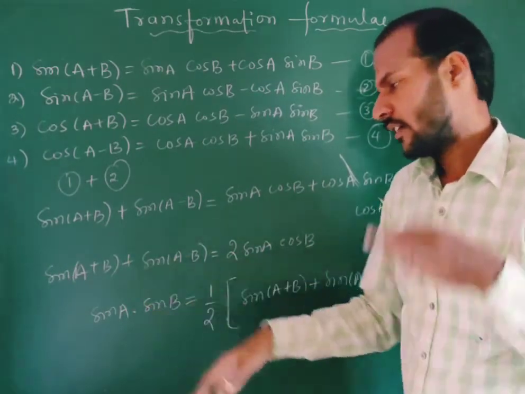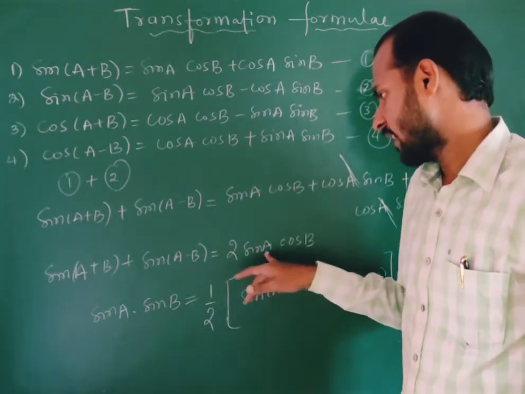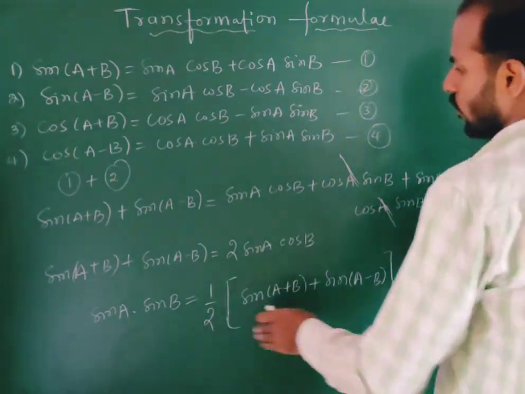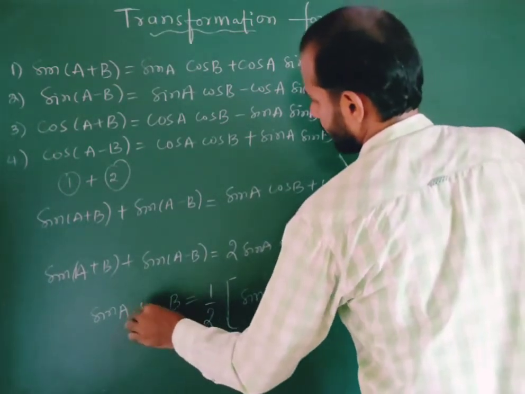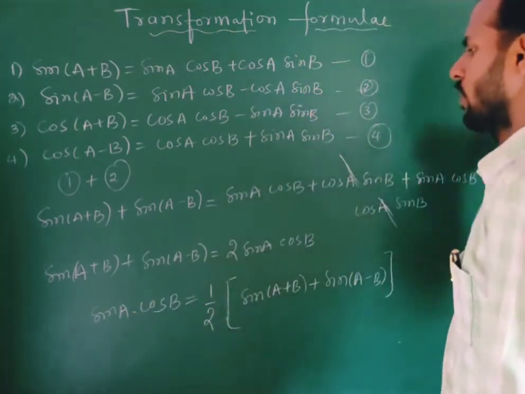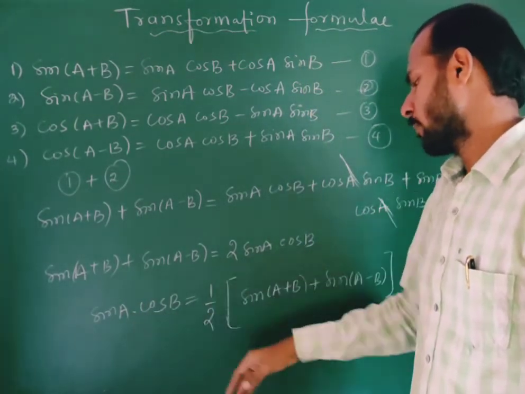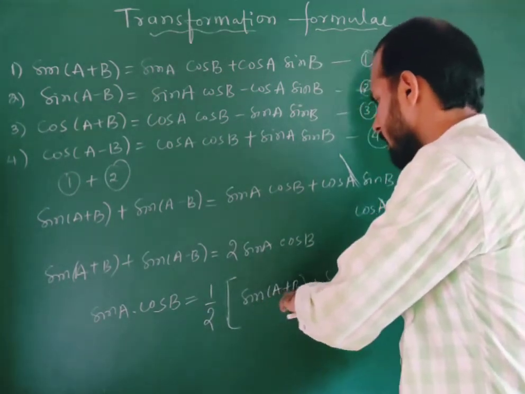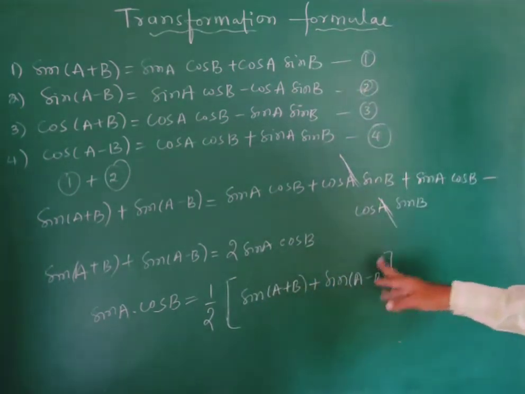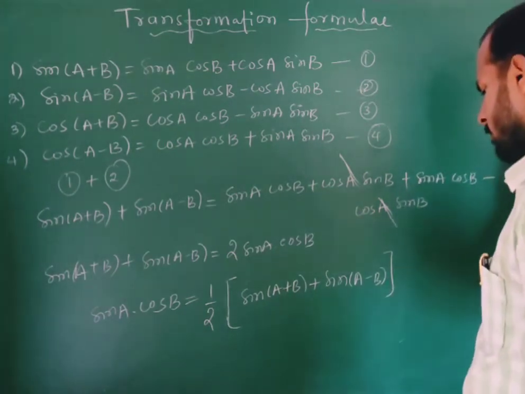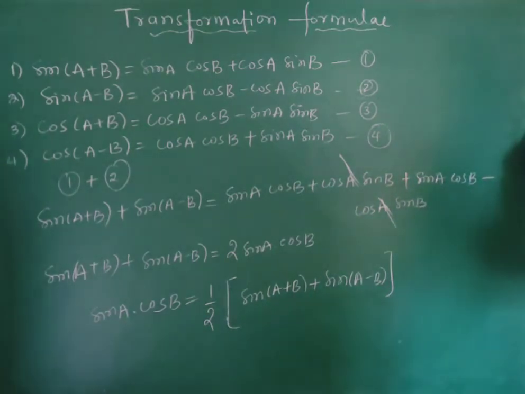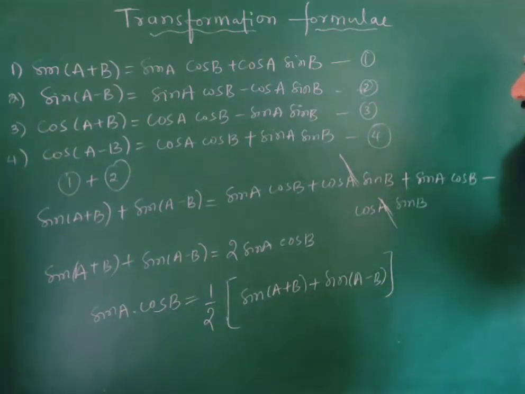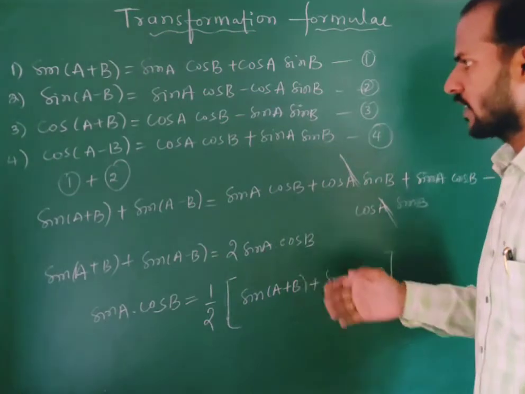Now 2 taken to the LHS, what we get here? sin A cos B equals 1 by 2 times sin(A+B) plus sin(A-B). Got it? Write down this one.